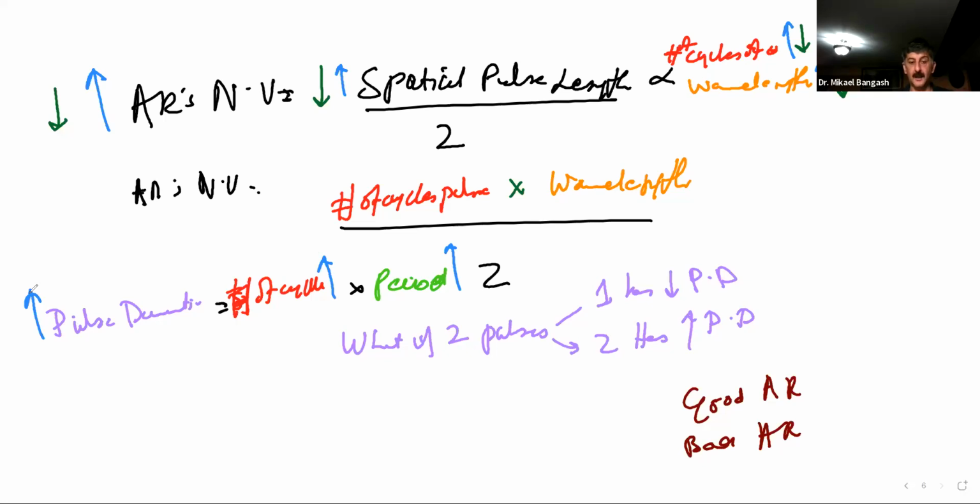Whereas on the other hand, if we had a pulse with a low number of cycles, or those cycles had a low or shorter period, that would lead to a lower pulse duration.